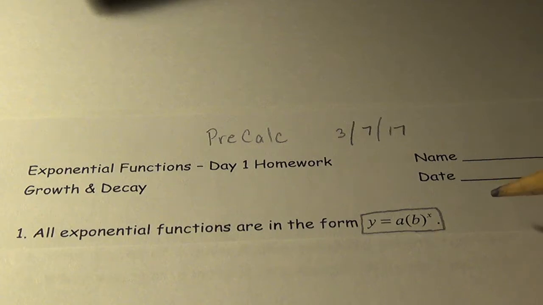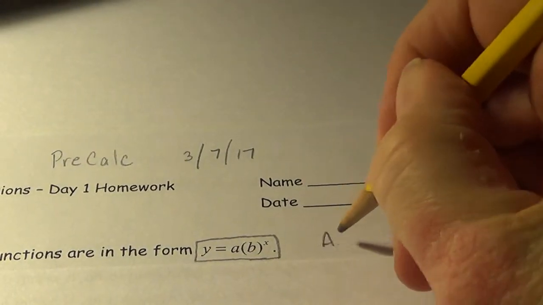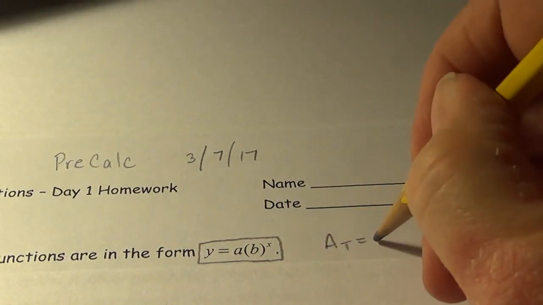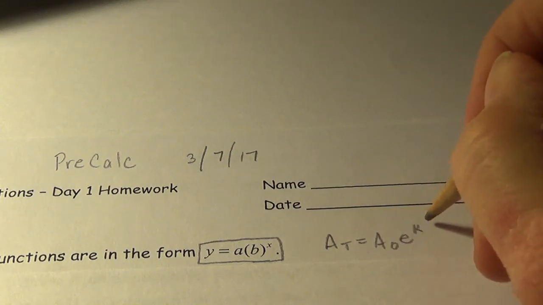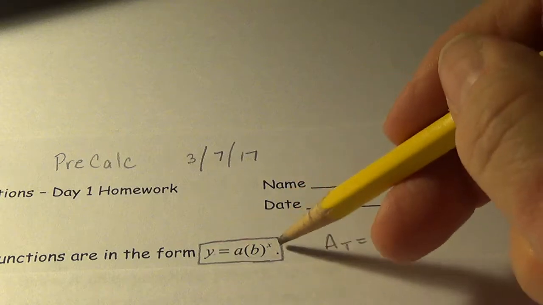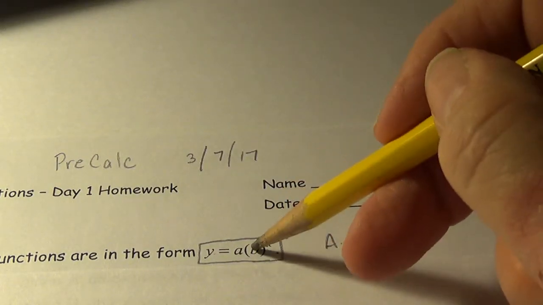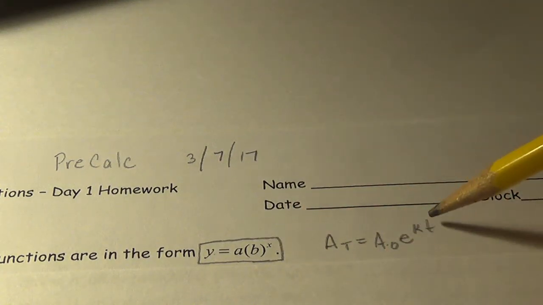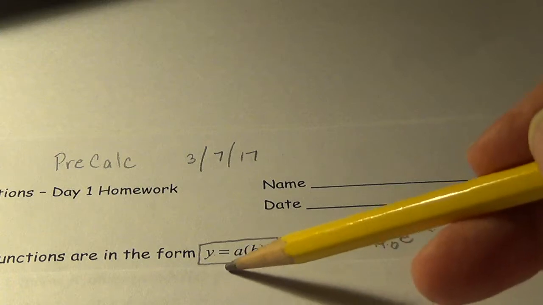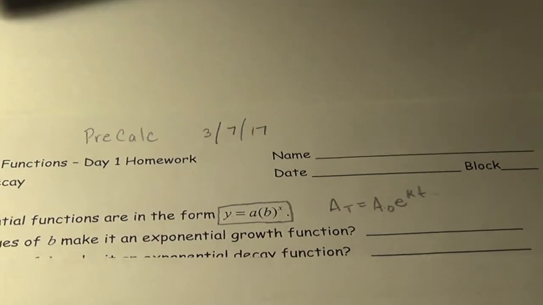Now, we've been working specifically with one that had continual growth and decay, and that followed A sub t equals A sub o e to the kt. This takes the place of this constant. Our b is 2.7 and our x is k times t. So this follows this pattern, and they're both exponential functions.